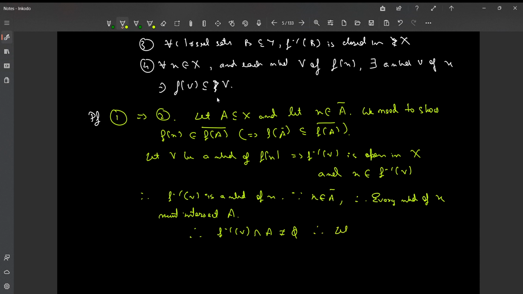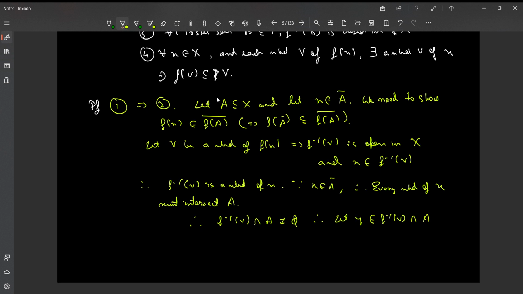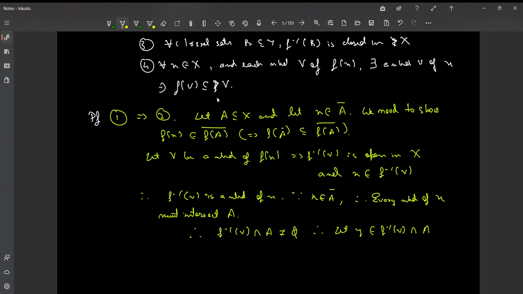That means there is some element in f inverse V intersection A. Therefore, let y be an element from f inverse V intersection A. But if y is an element from f inverse V intersection A, then doesn't that immediately imply that V intersection f(A) contains f(y)?